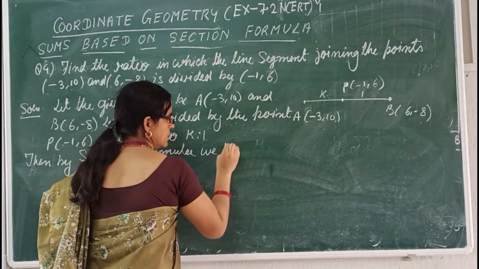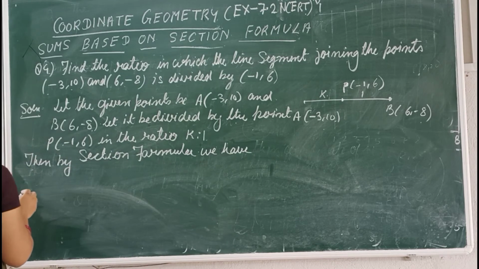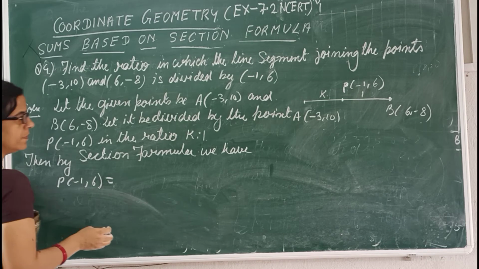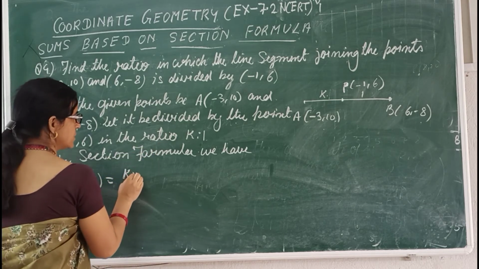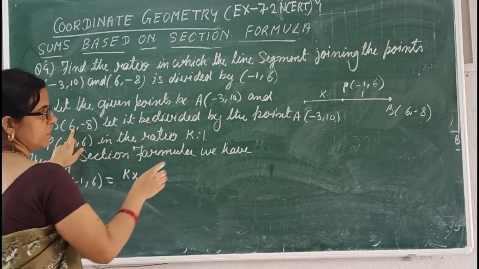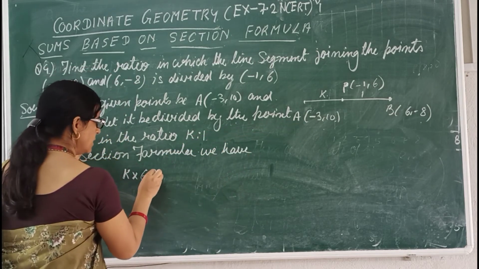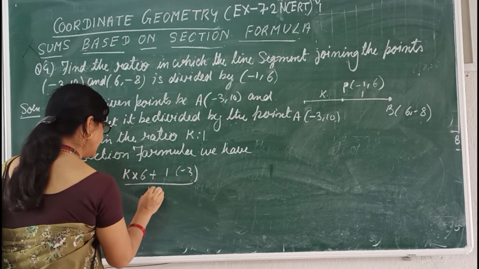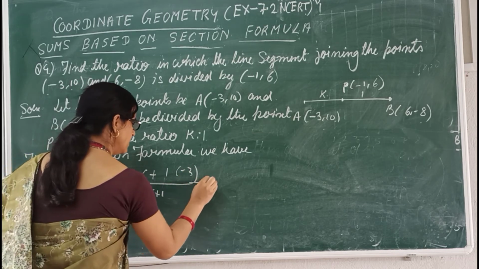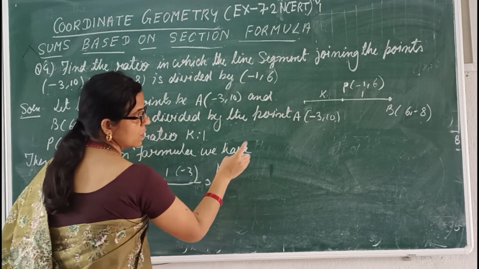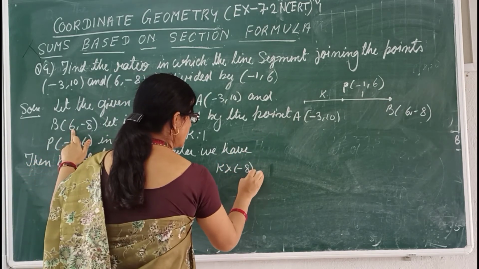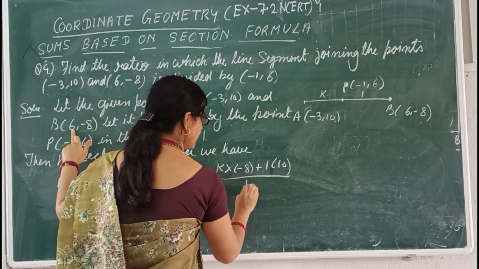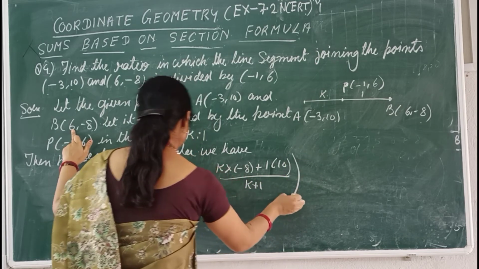We have P (-1, 6) equal to (m x2 + n x1)/(m + n), comma, again (m y2 + n y1)/(m + n).